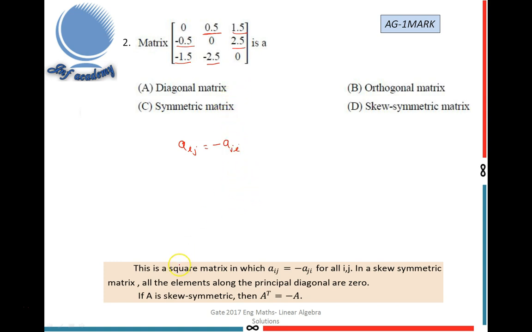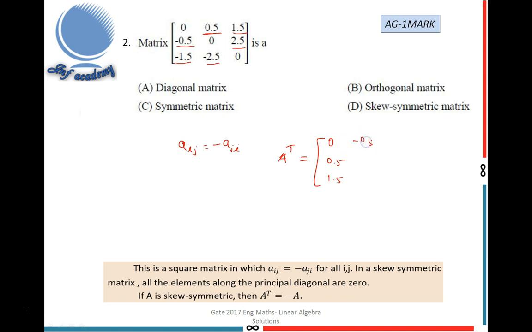Otherwise, another definition is: if A transpose equal to minus A, then it is said to be a skew symmetric matrix. So here I find A transpose. How to find A transpose? Interchanging row and column. The first row becomes the first column: 0, 0.5, 1.5.